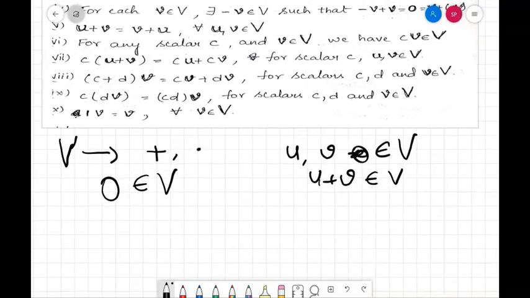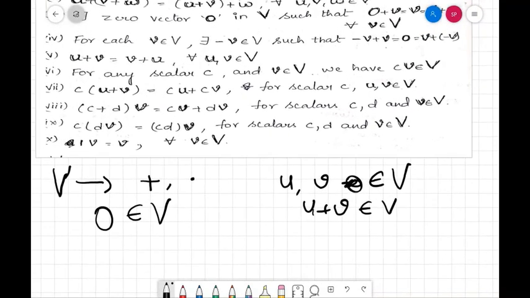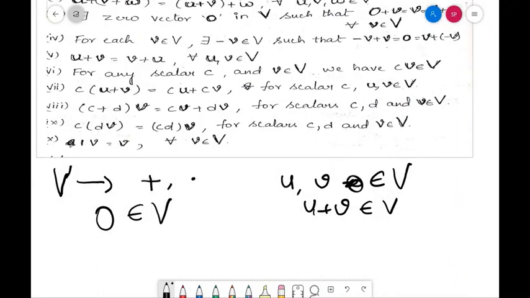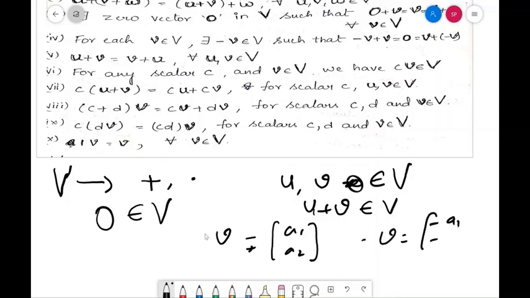In the same way, in this vector space V, suppose I have a vector v, then there should be minus v. For example, if I take a two-dimensional vector like (a1, a2), then minus v will be (minus a1, minus a2).